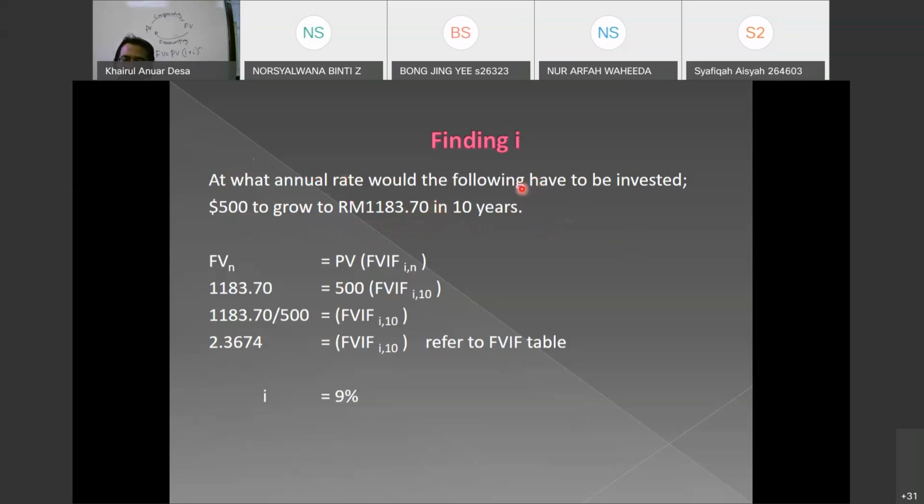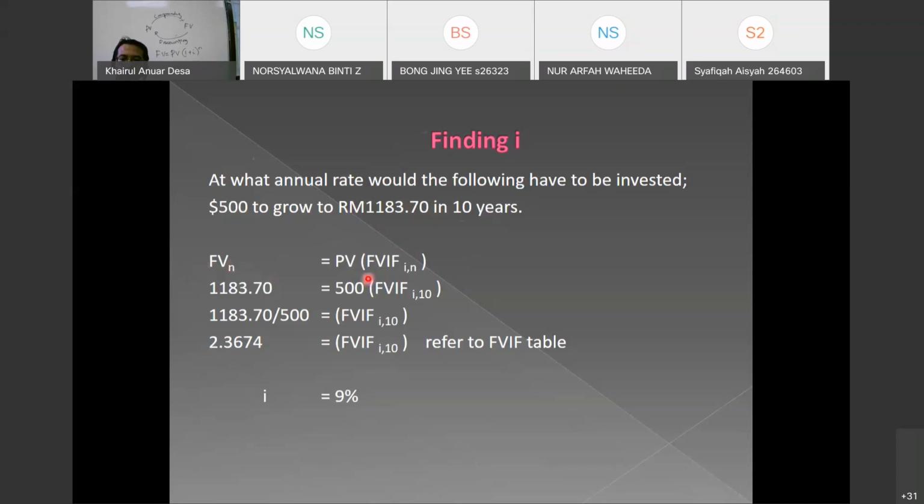Berapakah kadar faedah I di sini jika 500 kita simpan dan 10 tahun kemudian ianya menjadi 1183.70. So this is the formula from the table.